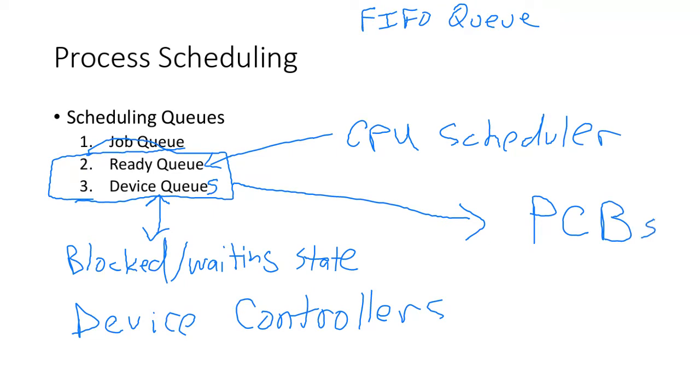If a process is in the ready queue, there'll be a ready queue pointer in every process control block. Remember, there was the CPU scheduling section.